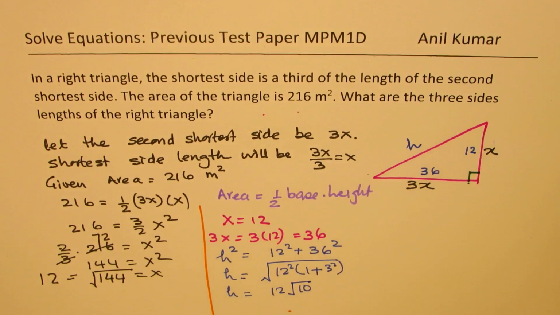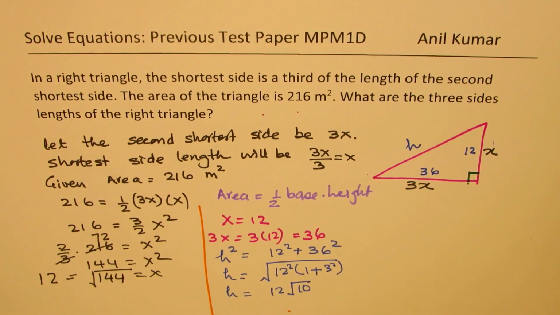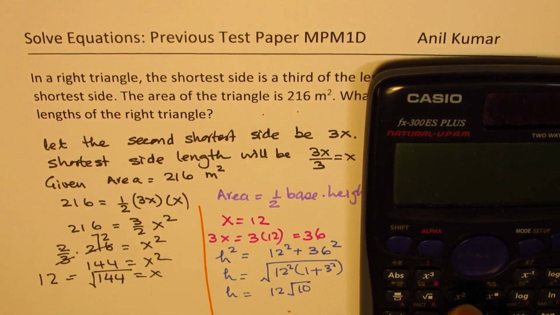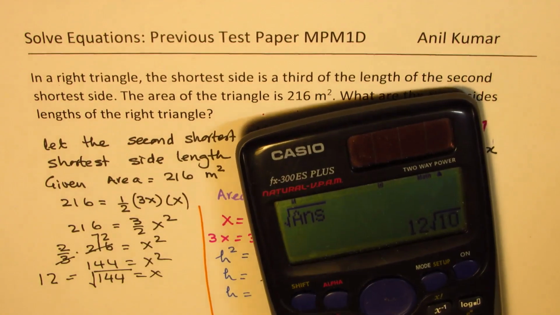That is the hypotenuse. Or you could use the calculator, which is 12 square plus 36 square, and then square root this number, right? So our answer is equal to 12 square root 10, right?